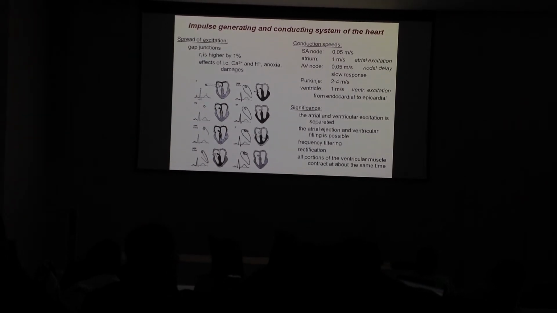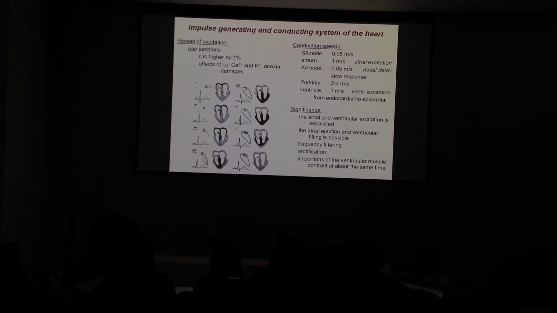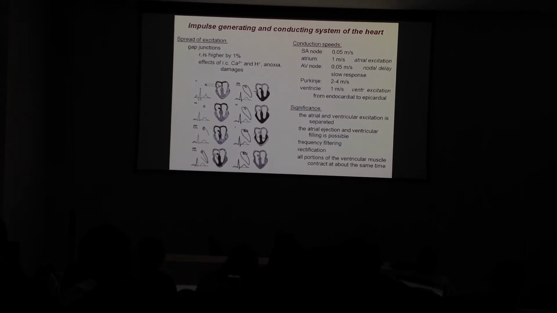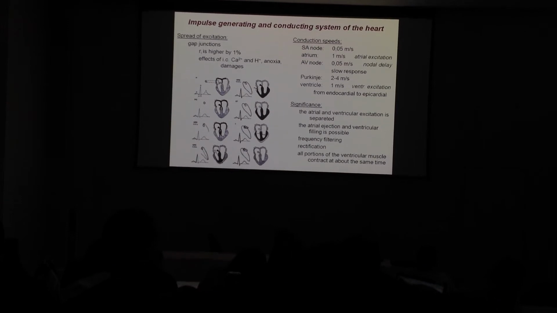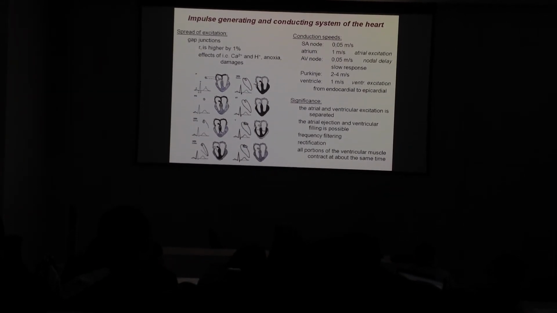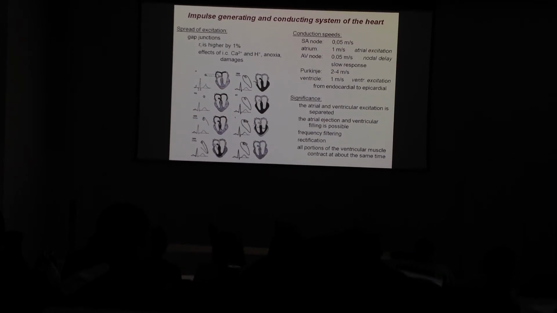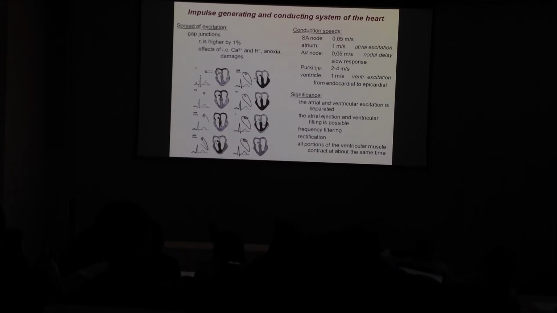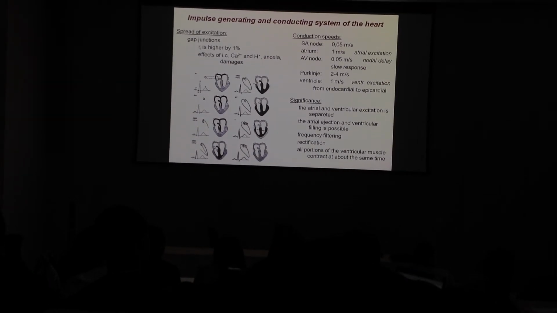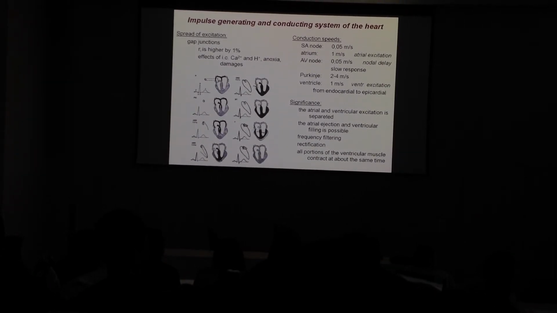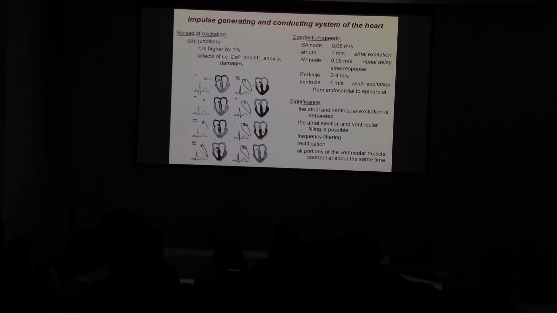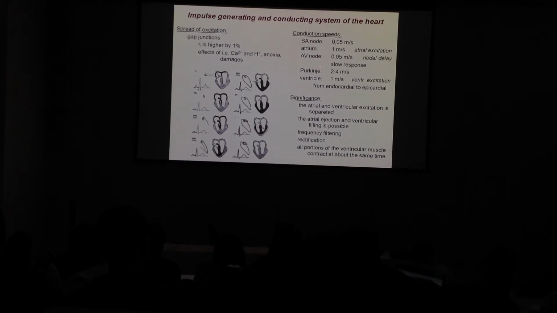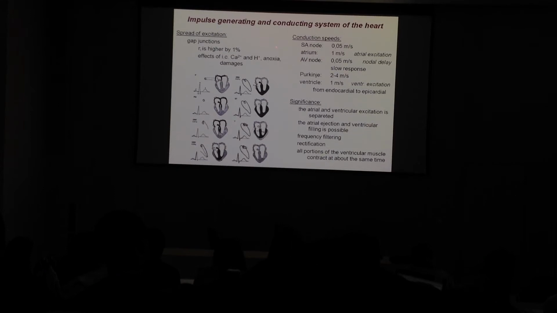What is the advantage of this slowing down? The advantage is that there is enough time to depolarize all the ventricular muscle fibers, and there is enough time for the proper atrial contraction, for the proper atrial systole, because the action potentials are waiting in the AV node. This is the nodal delay.